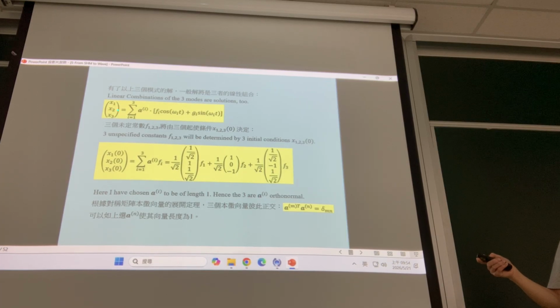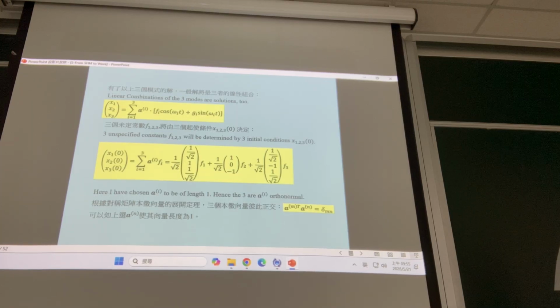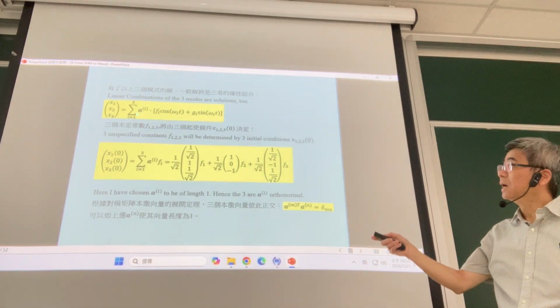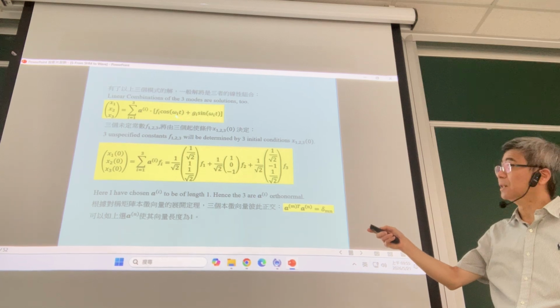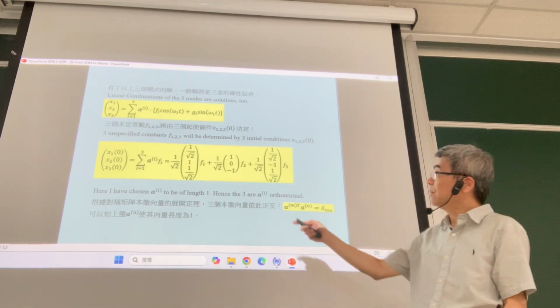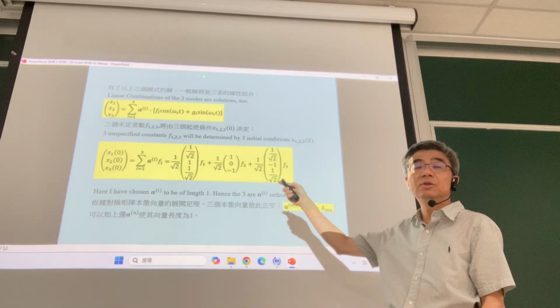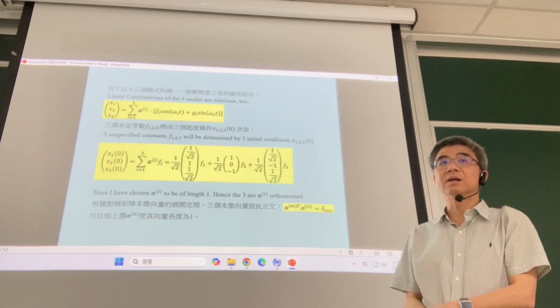Or in other words, a general solution can always be decomposed into a linear combination of 3 modes. 最终的一般解永远可以用这样子的 mode 的模式解 来把它那个加起来，好，叠加出来。In Chinese, it's called 叠加出来。Okay, so you can see that A1 with the cosine, A2 with the cosine, A3 with the cosine are summed up together, and phi 1, phi 2, phi 3, G1, G2, and G3, there are 6 unspecified constants.